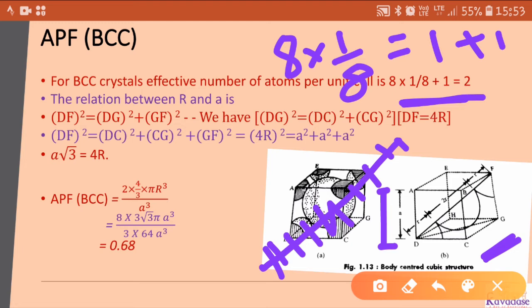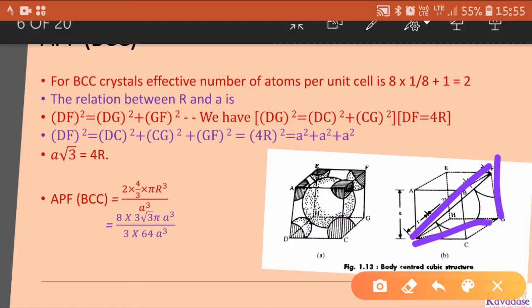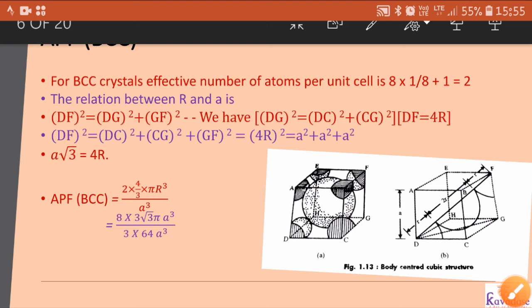And if we apply Pythagoras theorem here, Pythagoras theorem can be written as DF square is equal to DG square plus GF square. And we know that DF is equal to 4r.